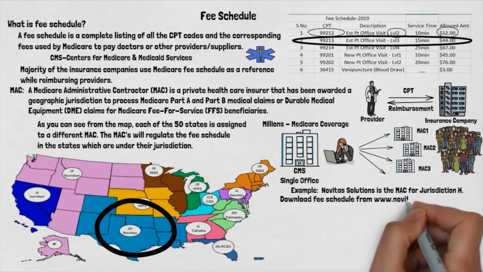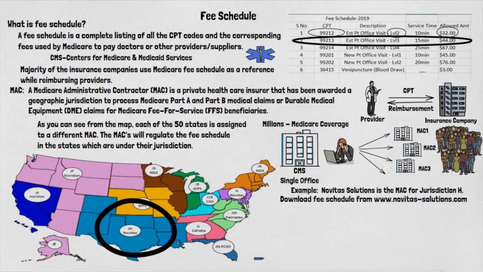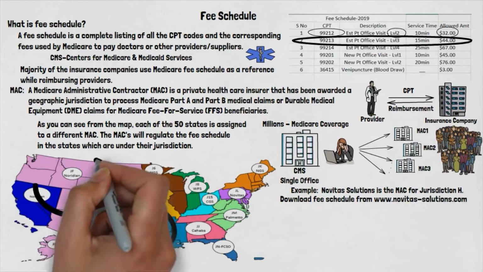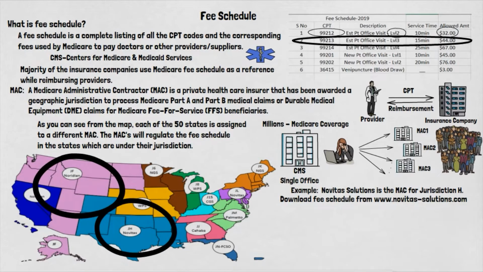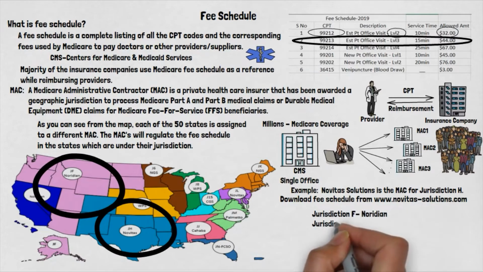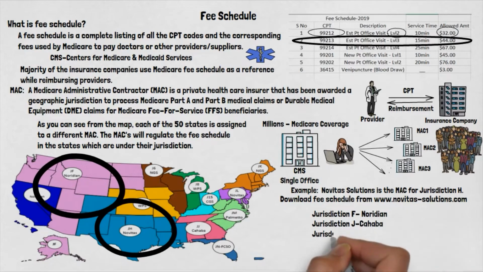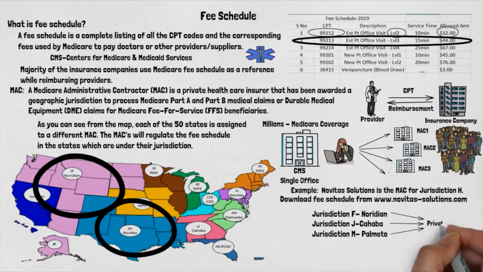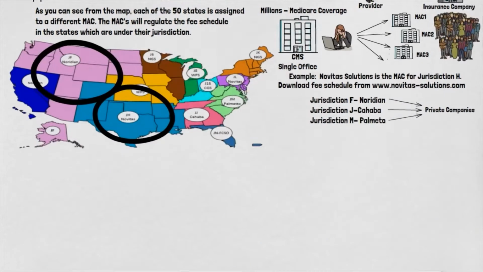In a similar way, all the Medicare claims in jurisdiction F are processed by Noridian. In jurisdiction J, they are processed by Cahaba, and in jurisdiction M, the claims are processed by Palmetto. Now all these are private companies.